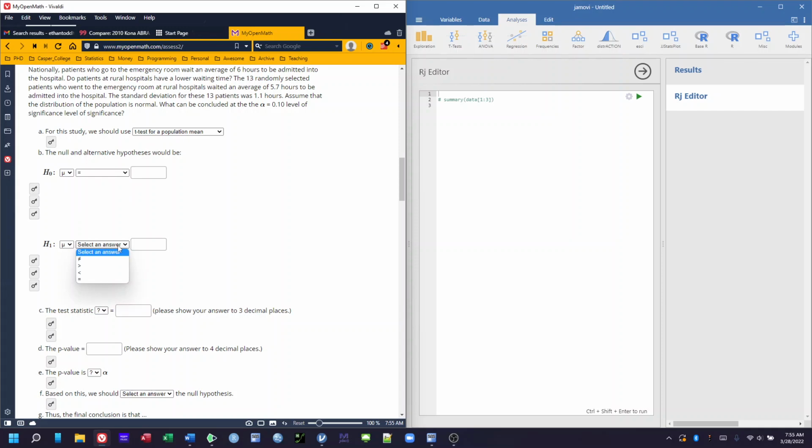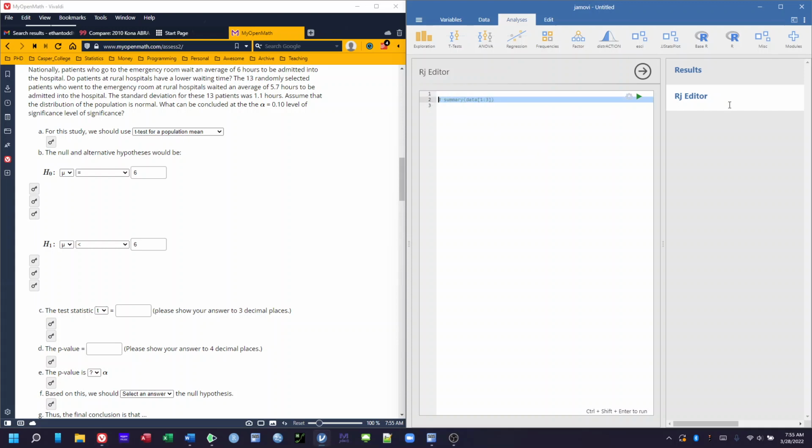Then, we actually think that patients at rural hospitals have a lower waiting time, so we want this to be less than, and we are going to say that this is 6 hours and 6 hours. All right, so we have our null and our alternative hypothesis set up, and we have a t statistic.